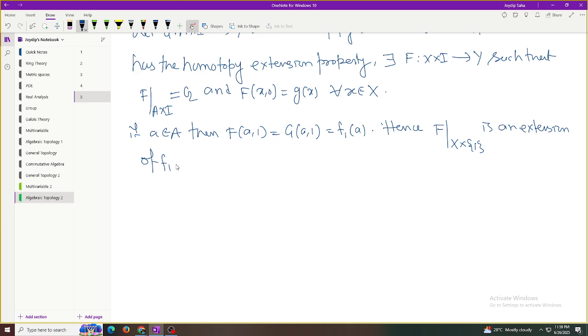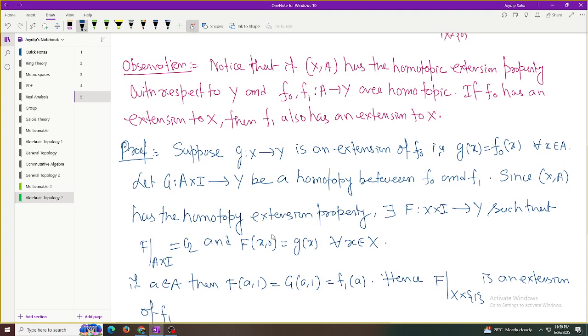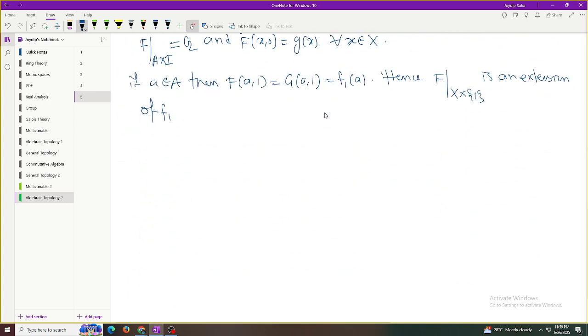So you see in the proof, not just f0 and f1, you can take arbitrary ft, t belonging to I. If f0 has an extension to X, then ft also has an extension to X. You restrict to X cross t.